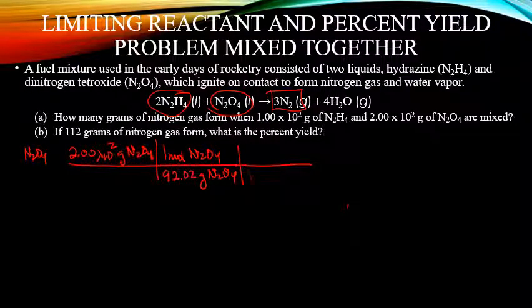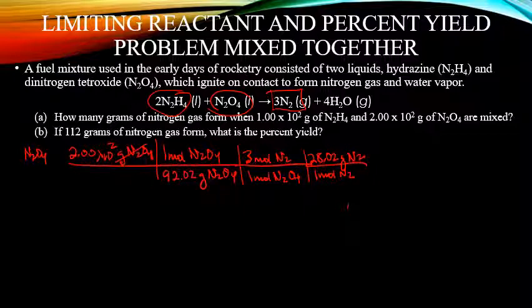And now my molar ratio, 1 mole of N2O4 will produce 3 moles of N2. And since we're going to grams of N2, 1 mole of N2, 28.02 grams. Again, just using my periodic table.